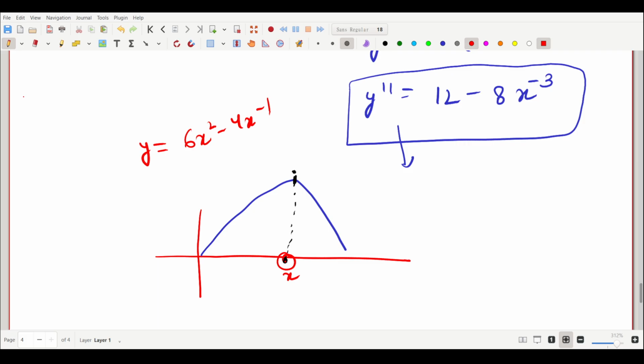Double derivative, second derivative, double differential, they are all the same. Single derivative, just derivative, single differential, just differential, they are all the same.